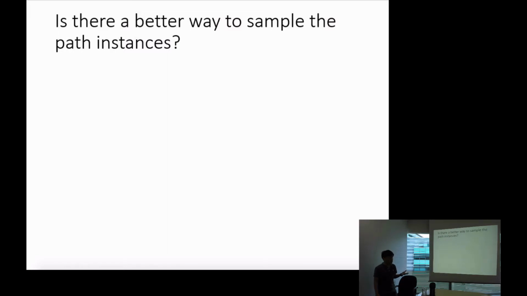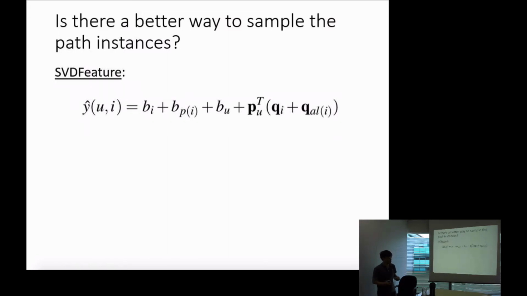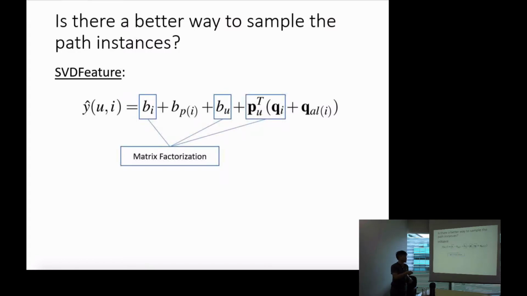What they do is base it on one of the approaches for recommendation, SVD feature. Basically, SVD feature is nothing but matrix factorization, the biased matrix factorization, plus the feature part. The basic idea is, for example, a recommendation between the user and the item, where here the item is a song. In matrix factorization, we only have the user and the item itself.